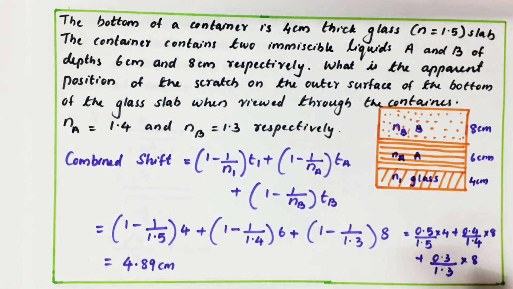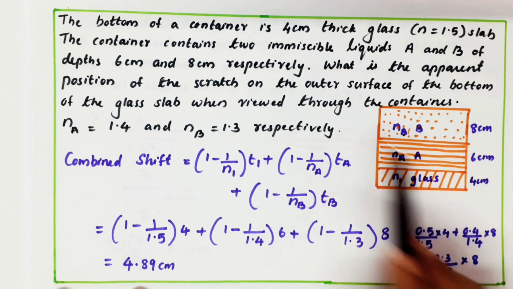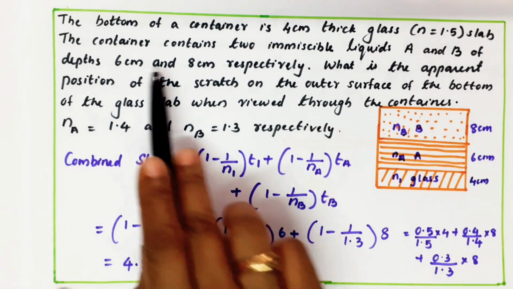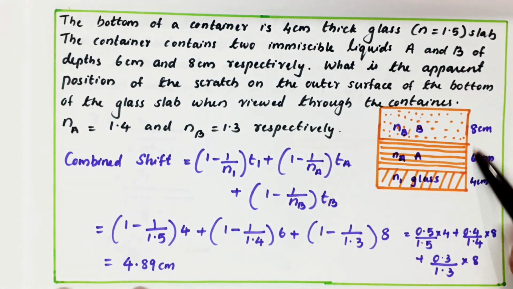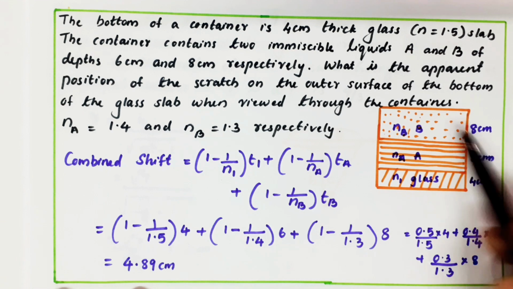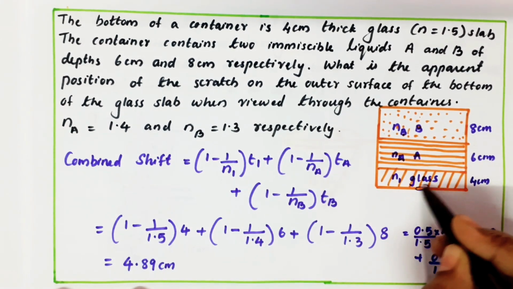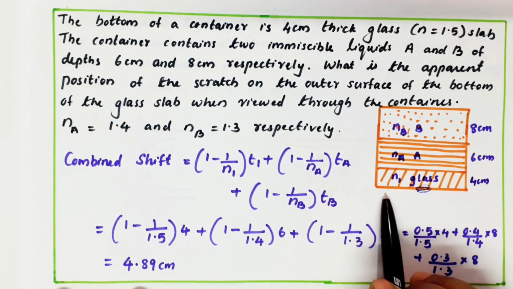Next. The bottom of a container is a glass slab of 4 cm thickness; this is the bottom of the container. It has refractive index 1.5 and contains two immiscible liquids A and B of depth 6 cm and 8 cm. Find the apparent position of the scratch on the outer surface of the bottom, here one scratch is there, when viewed through the container.